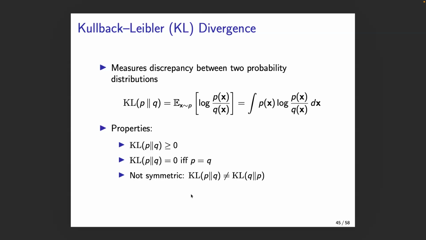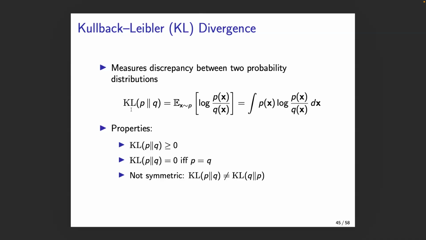For example, we can use the Kullback-Leibler divergence as a metric of how different models are on different nodes. This KL divergence is a very common standard way to measure the difference or discrepancy between two probability distributions, to be more precise.